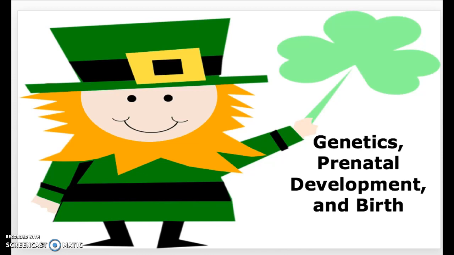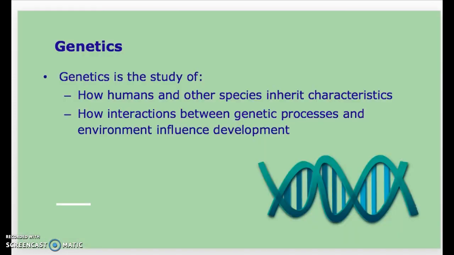So the first slide I want to bring you to is genetics. What is genetics? When we're talking about genetics, we're talking about things like the inherited characteristics that we have. I want you to think for a minute about what you think about when you think about DNA. What does that mean?